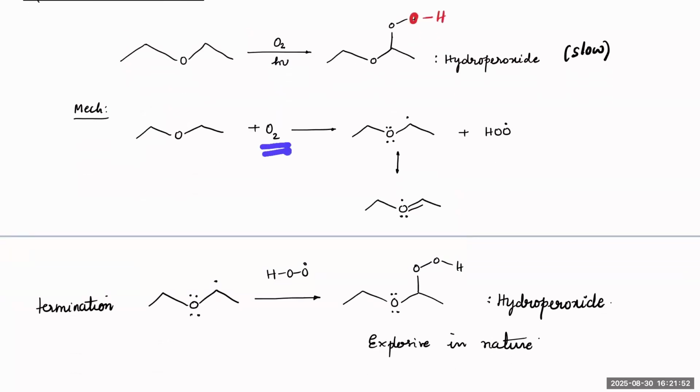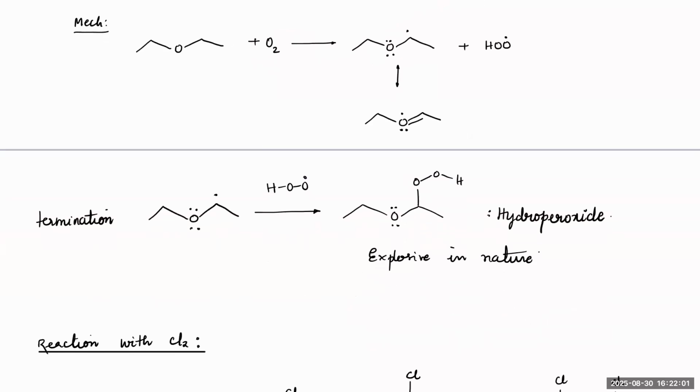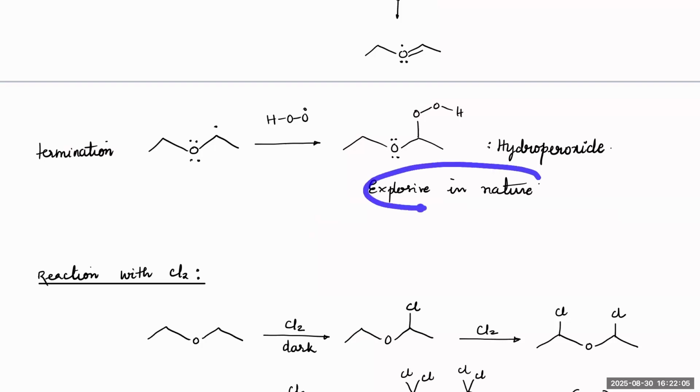Usually with oxygen, OO gets inserted between carbon and hydrogen bonds. This insertion makes a hydroperoxide, and hydroperoxide is usually explosive in nature. That's why ethers are always stored in dark bottles, so that they are not much exposed to light. Otherwise, it will start forming radicals and might become explosive.